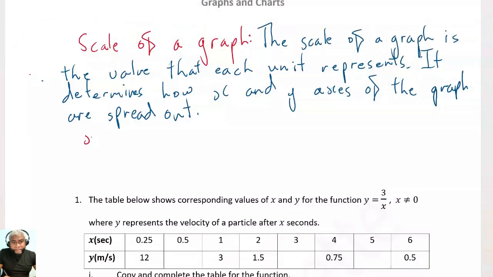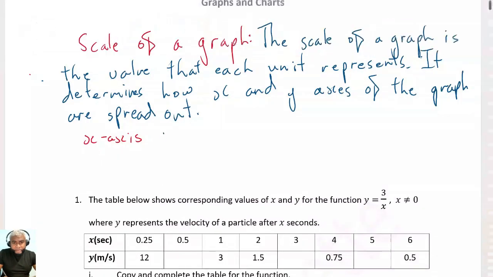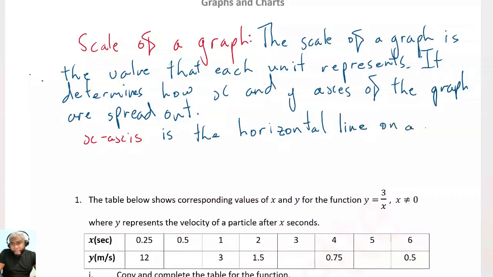Right. So you have your x-axis is the horizontal line on a graph, right?